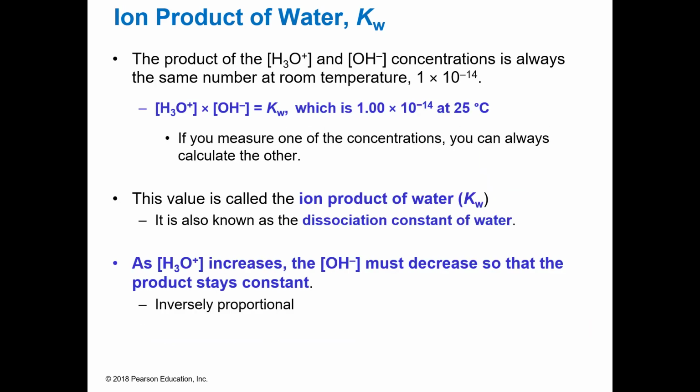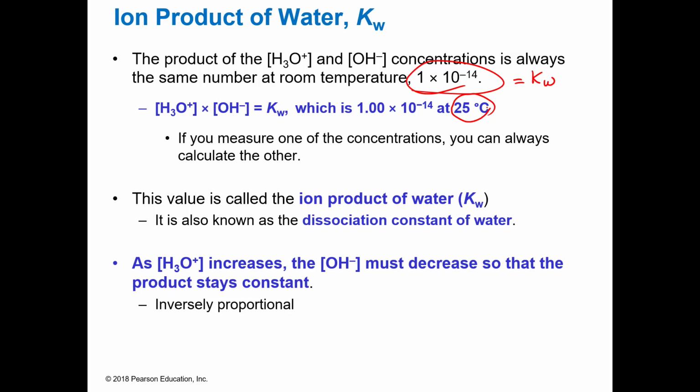The product, which means you multiply them, of the H3O plus and the OH minus concentrations is always 1 times 10 to the minus 14. That number is what we call the ion product of water, Kw, W for water. At least it makes sense, right? And again, that's at 25 degrees C. Temperature does change pH, so we always try to take pHs at the same temperature and immediately after you take a sample.